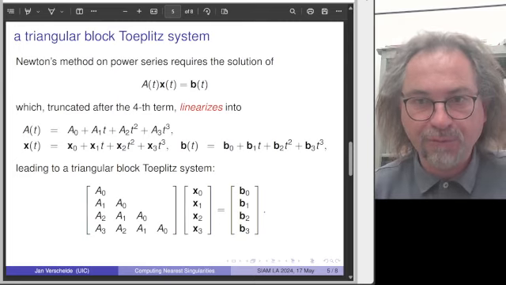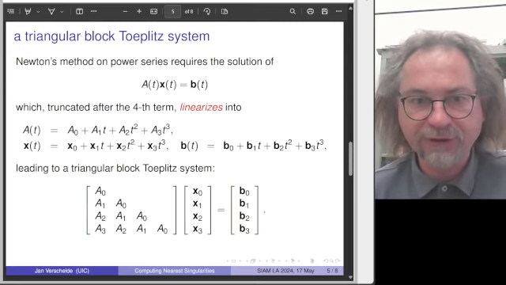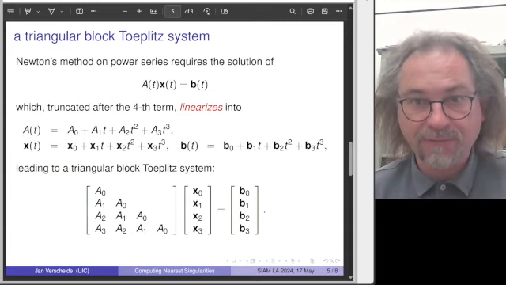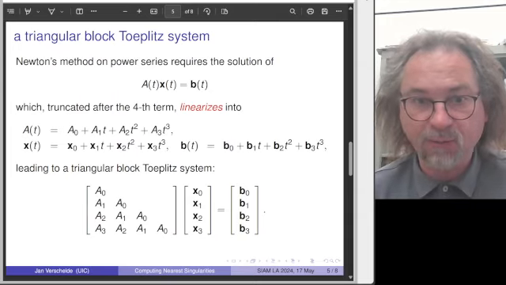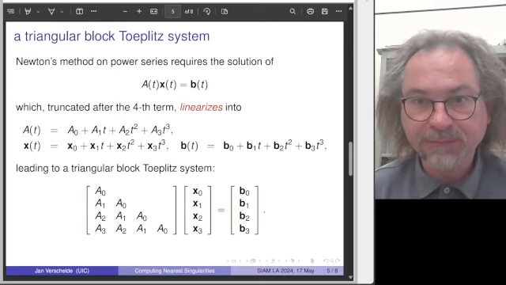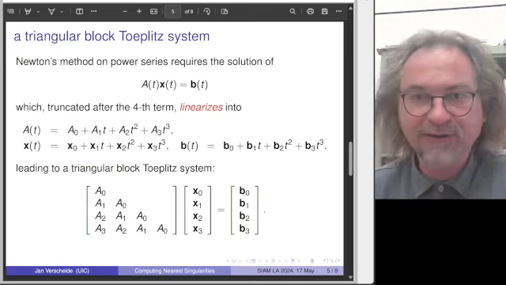We first compute the leading coefficients, x0, and then we compute the next vector of coefficients, x1, modifying the right-hand side b1, subtracting a1 times x0.